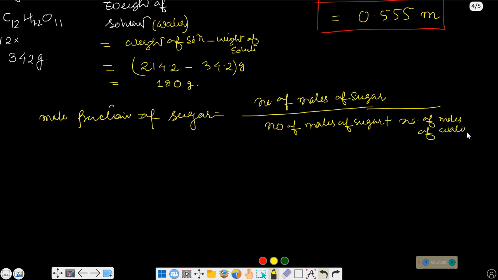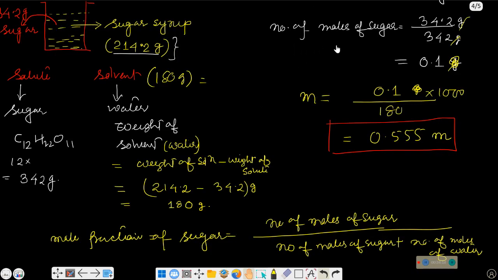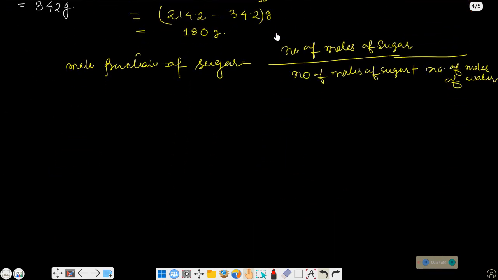Solute and solvent both. The number of moles of sugar was 0.1. Now we need only the number of moles of water, then we can find out the mole fraction of sugar in the syrup.